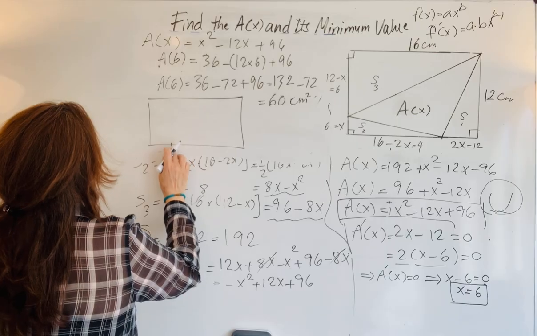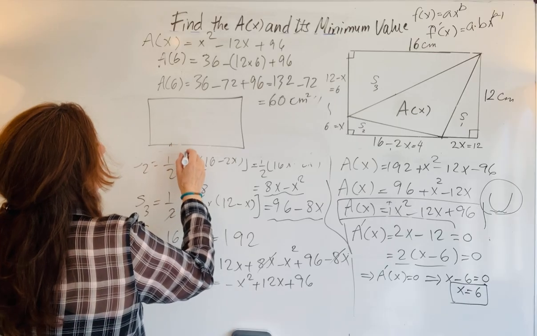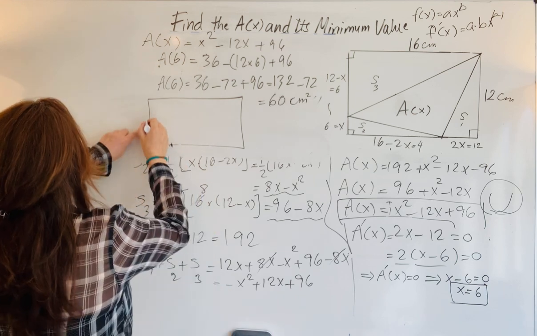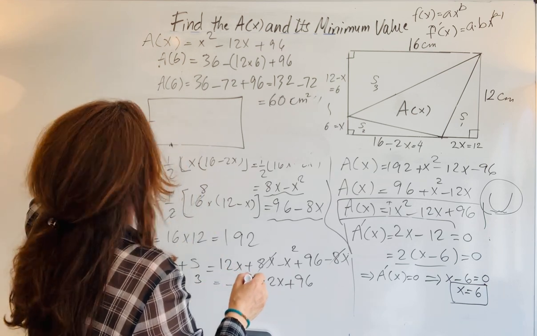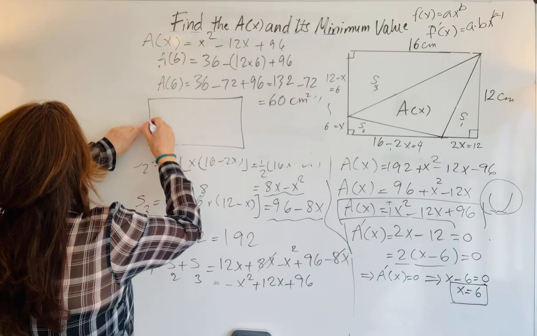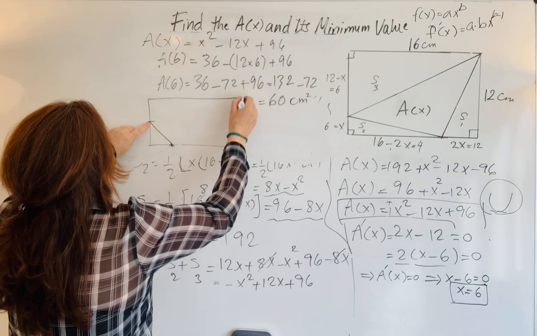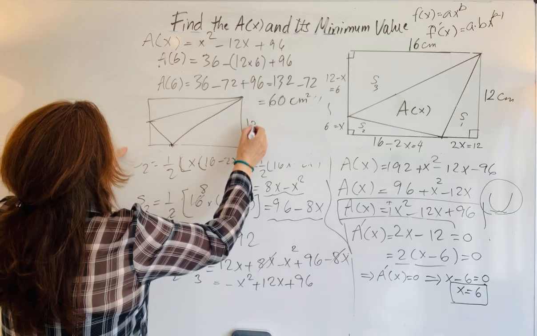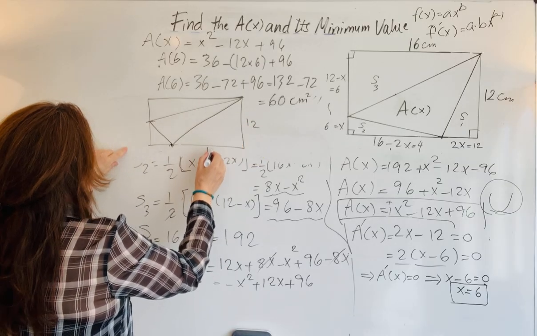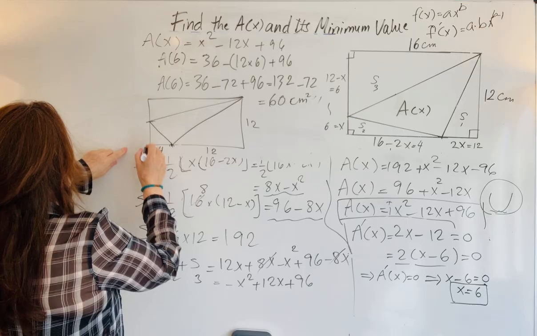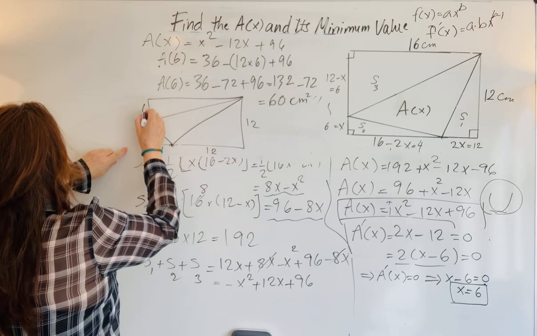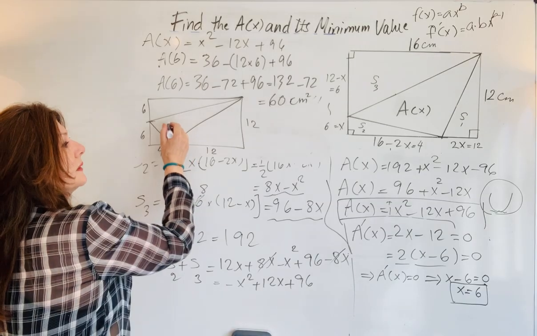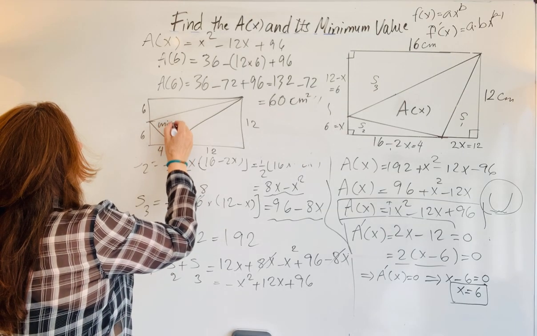This is 3 times this one, and 6 is half of this one. This is 12, this is 12, this is 4, this is 6, this is 6. In this case, we have the smallest one, the minimum value.